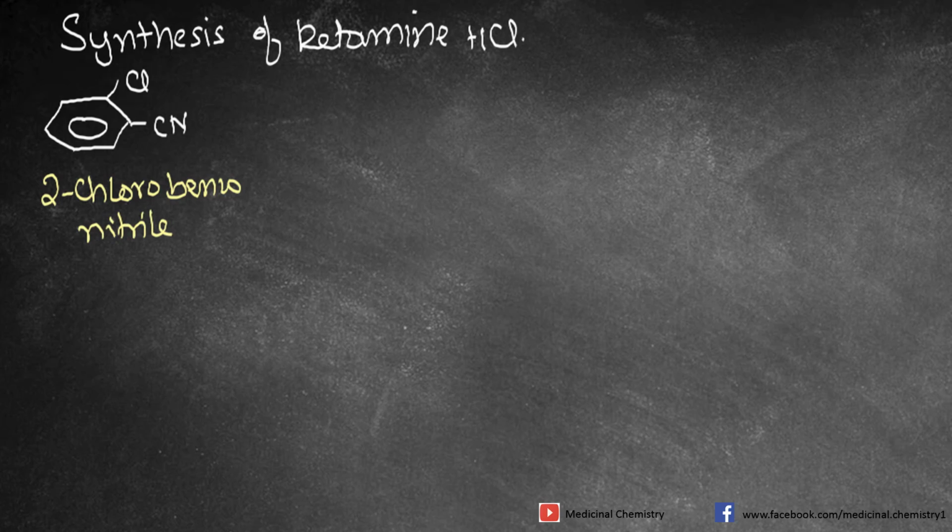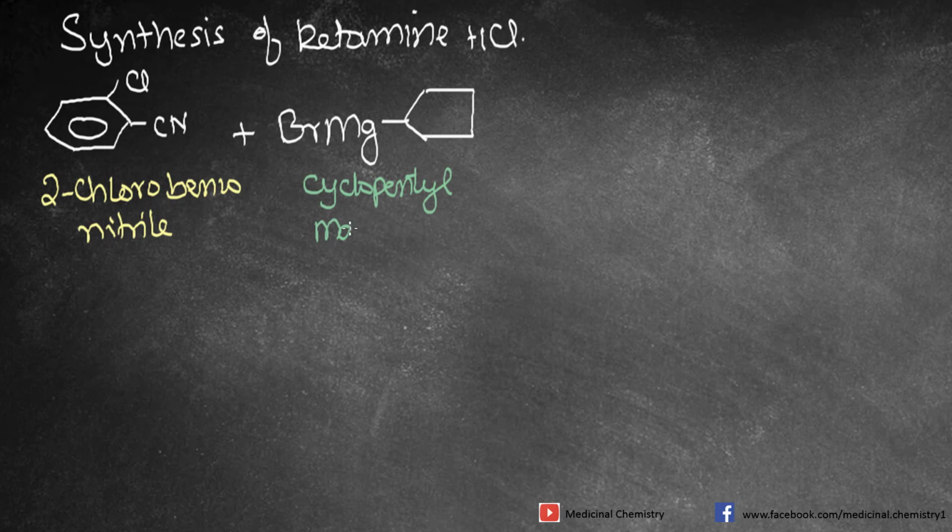It is necessary to memorize the starting compound in order to follow what reaction is going on. The second starting compound which undergoes the reaction is cyclopentyl magnesium bromide, a cyclopentane along with magnesium and bromide.